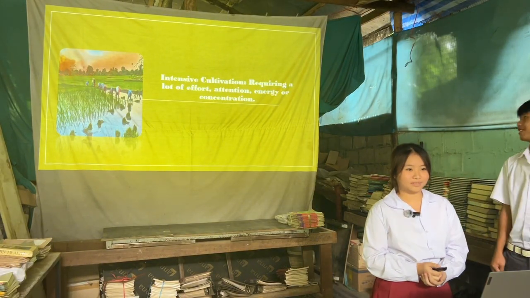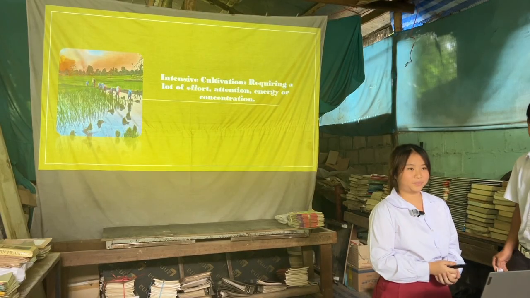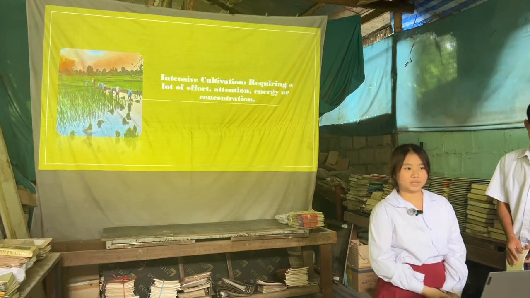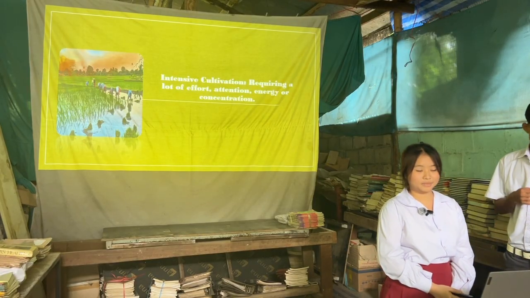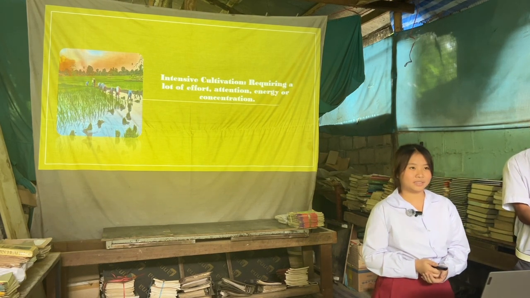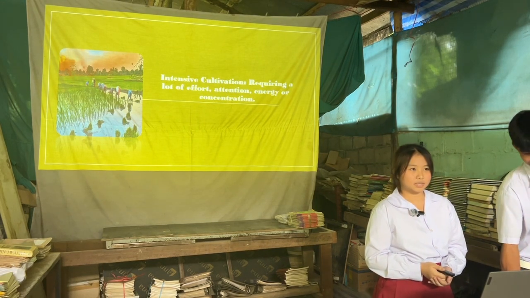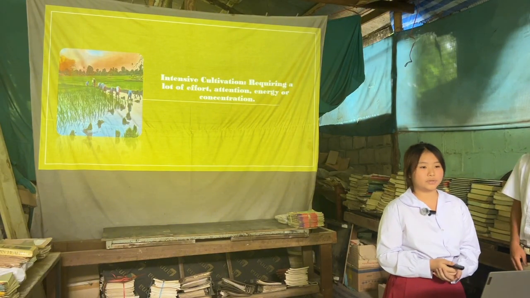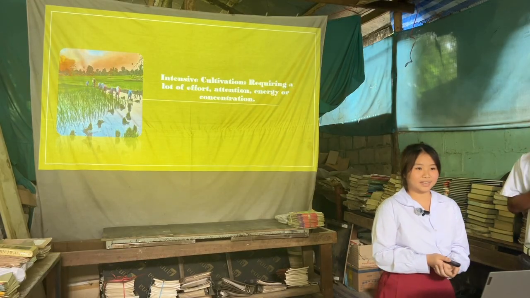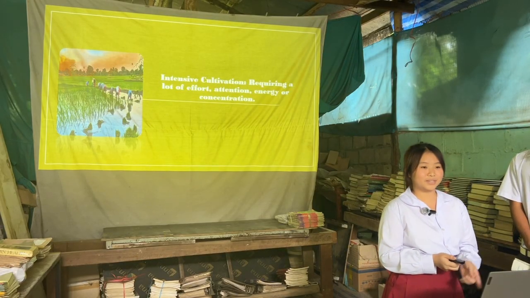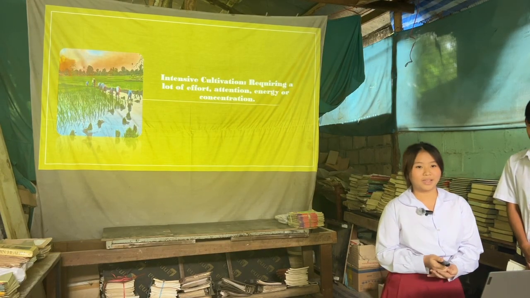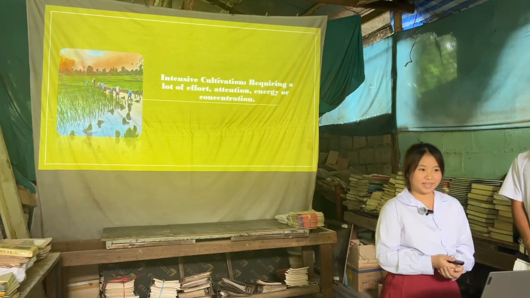And finally, I will conclude our presentation. I would like to say that land is one of the most important factors of production in economics. Land does not only mean the ground, but it includes all natural resources like water, forest, minerals, air, and sunlight. These natural resources are necessary because they help us produce food, goods, and services that we use every day.